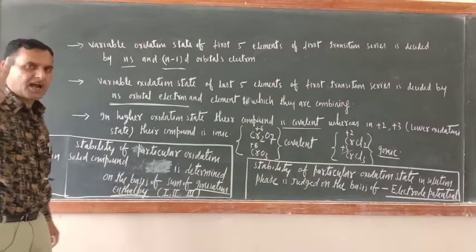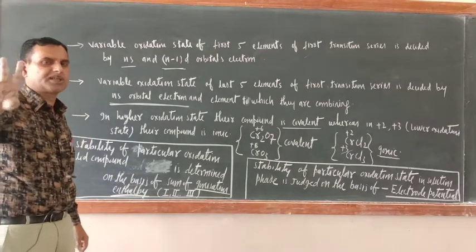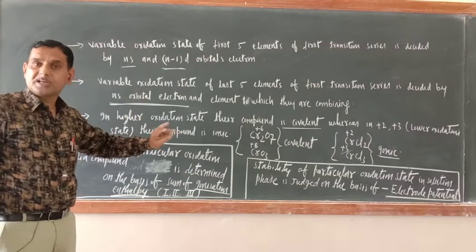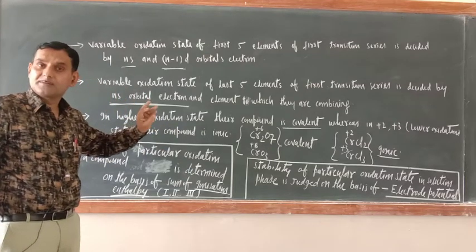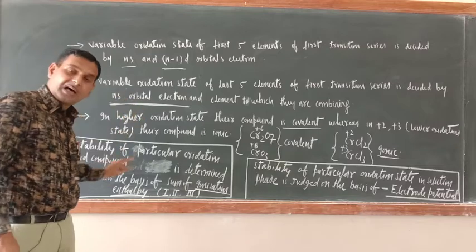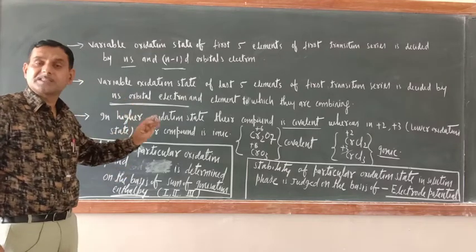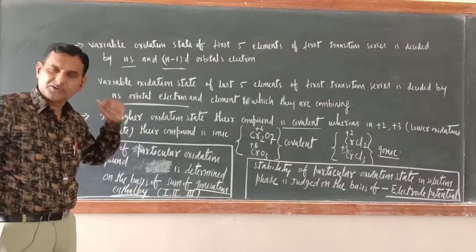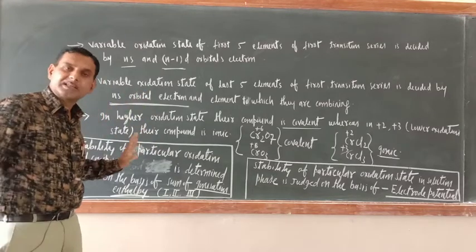Earlier I told you the stability of an oxidation state is determined on the basis of electronic configuration, on the basis of ionization enthalpy, and on the basis of the element to which they are combining. So it doesn't mean that those points are wrong.